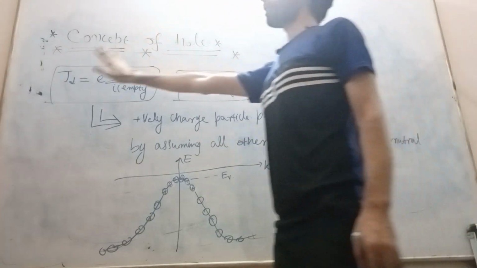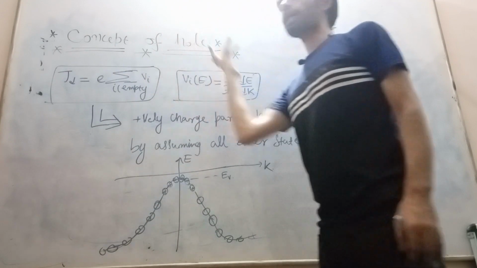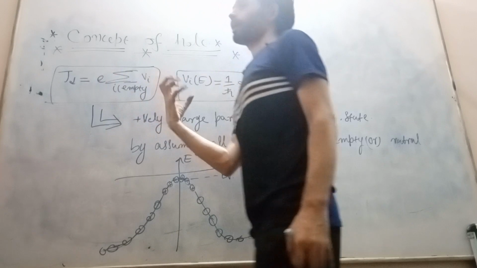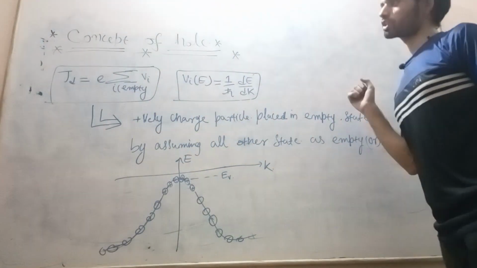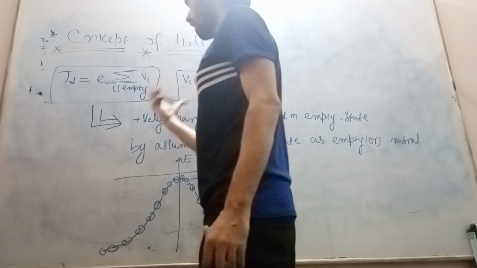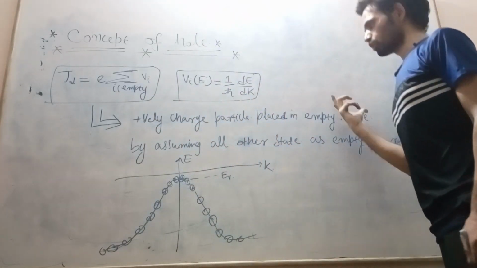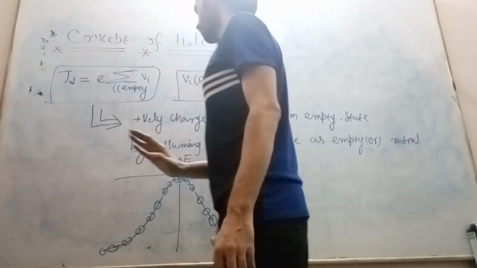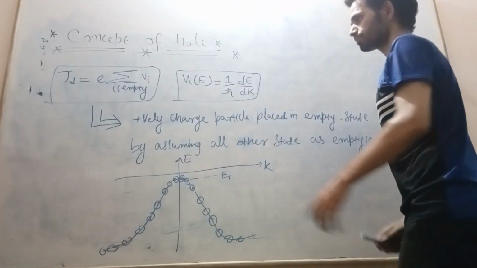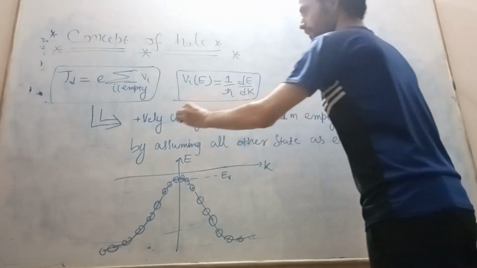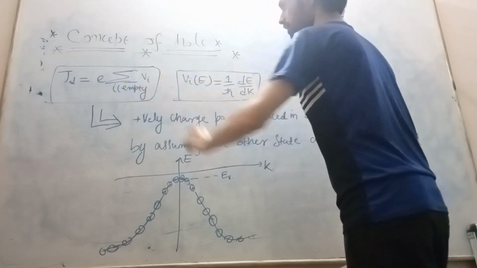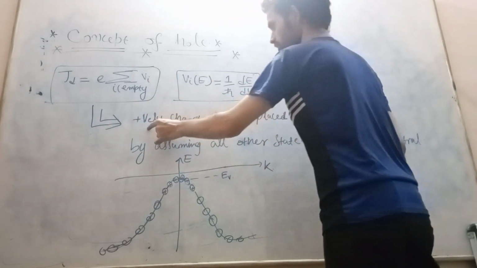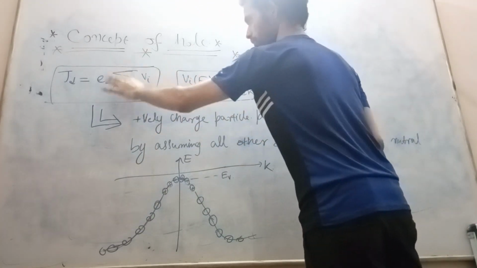But after that we assumed that the valence band is completely full of electrons. Therefore the current due to electrons is zero, and the current that we have left is only due to holes, positively charged empty states. So this drift current indicates the movement of positively charged empty states, positively charged particles.